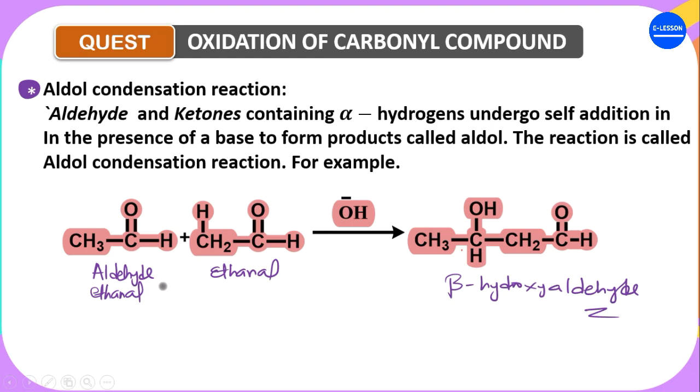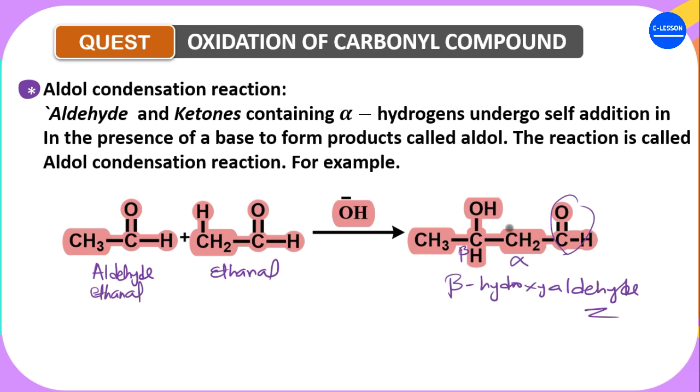It forms a beta hydroxy aldehyde. Now, why do we call this a beta hydroxy aldehyde? Of course, we know the presiding functional group here is an aldehyde. Is that not so? So if you look at this, this is alpha. This is the presiding functional group. Here is alpha. Here is beta. It means that at the beta carbon, there is an OH group. Are you getting this now? So we call it a beta hydroxy aldehyde.